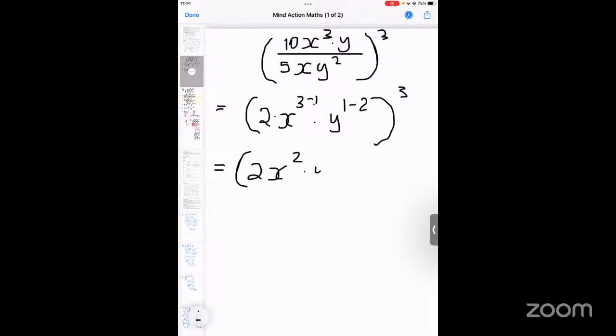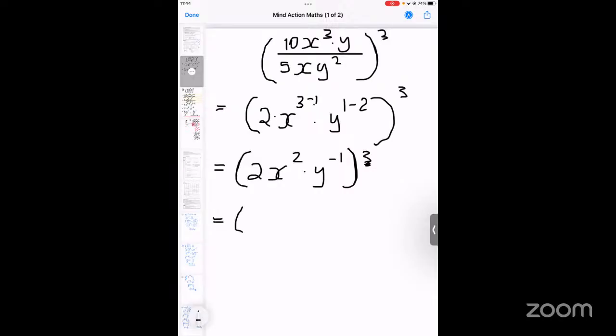It's 2. And then what is 1 minus 2? That is negative 1. Then that's when you can distribute this to each term. Not necessarily each term, but to the coefficient and the others, which is a power. So you distribute it to each power.